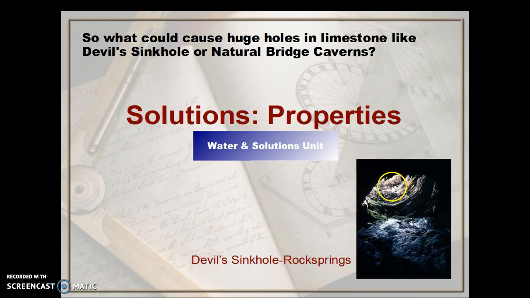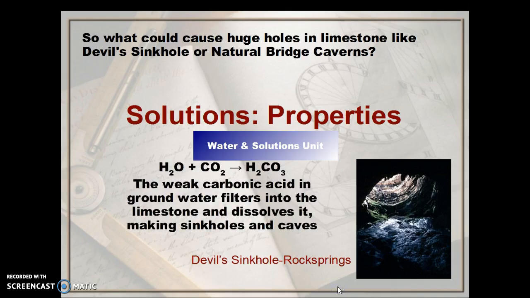That carbonic acid that formed from the water and carbon dioxide is a very weak acid and can actually dissolve the limestone that it flows down into, and it can therefore make these big holes in the ground. If you want a really big hole in the ground, go see Carlsbad Caverns in New Mexico. The weak carbonic acid in groundwater filters into the limestone and dissolves it, making the sinkholes and the caves that we see in our area.